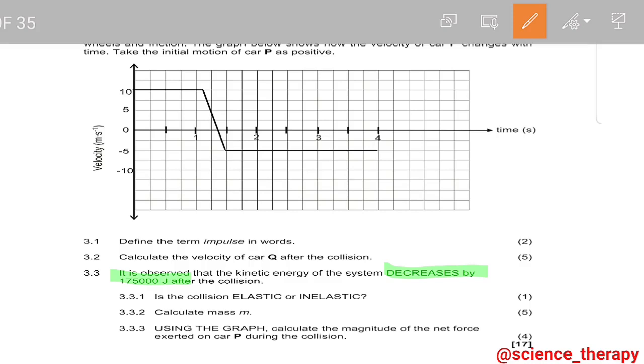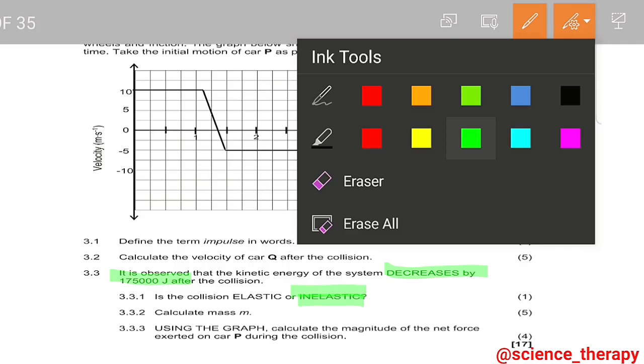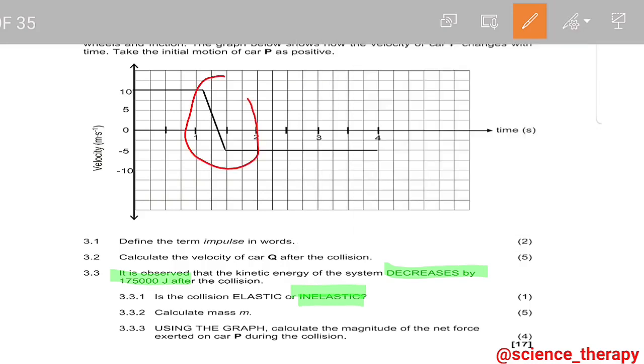If the kinetic energy decreases, that means it is not conserved. It's inelastic, right? But also from the graph, what do you see there? It is slanting. So that means it is inelastic. There is contact time with the object.